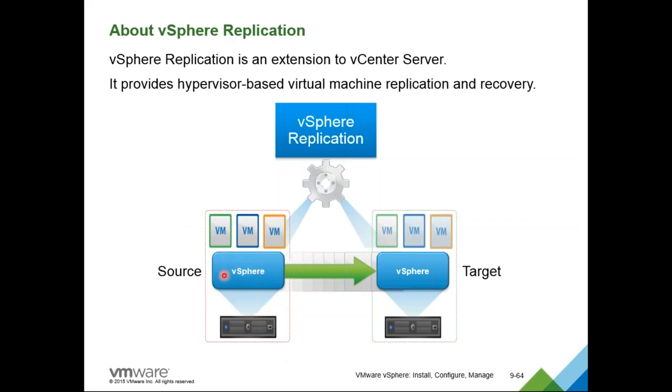For that, you need to replicate these virtual machines to another site. Using vSphere Replication, you can do that. It can replicate your virtual machine data: the configuration file, data file, memory file, whatever content is on your virtual machine. The entire virtual machine will be replicated to your target or different site.